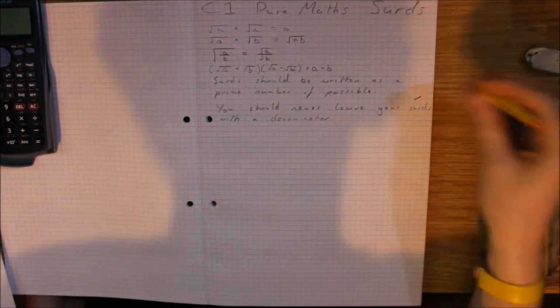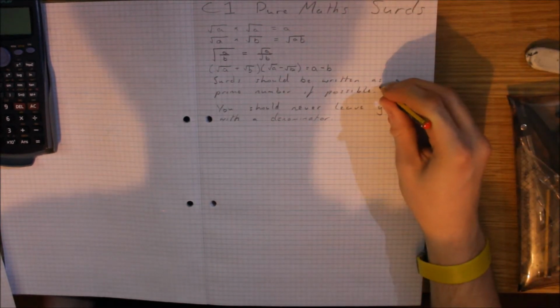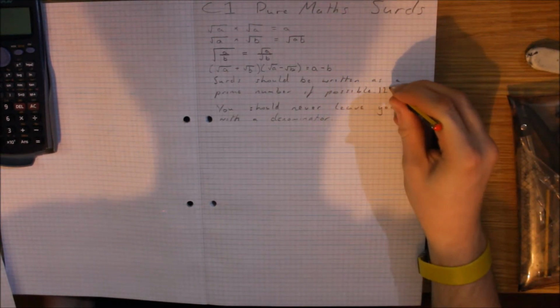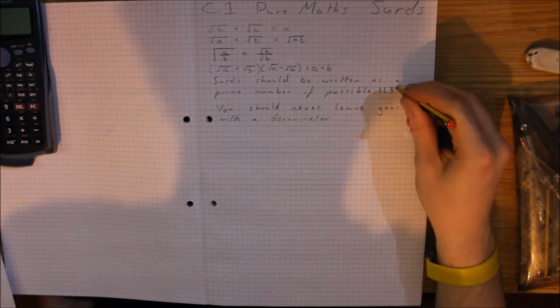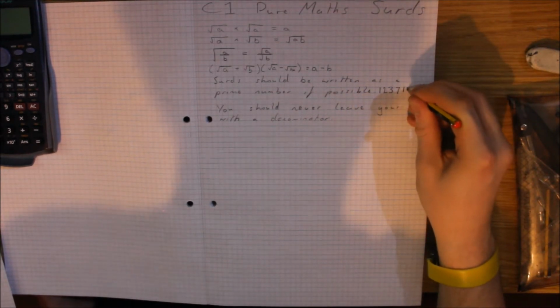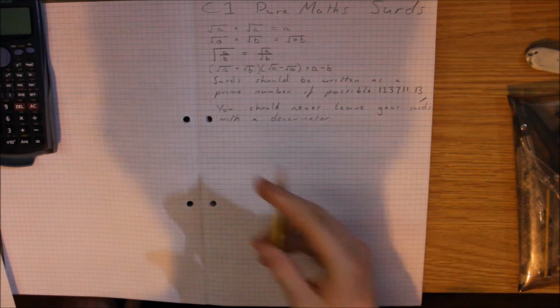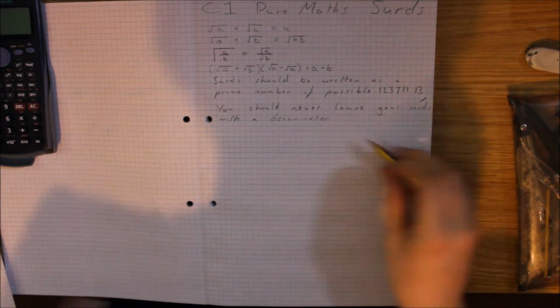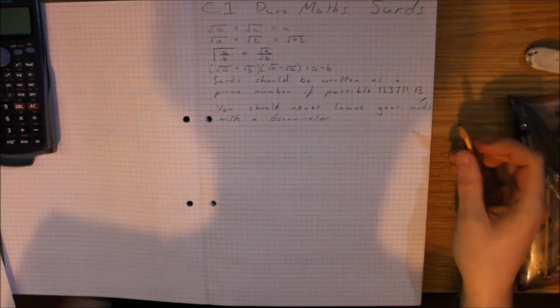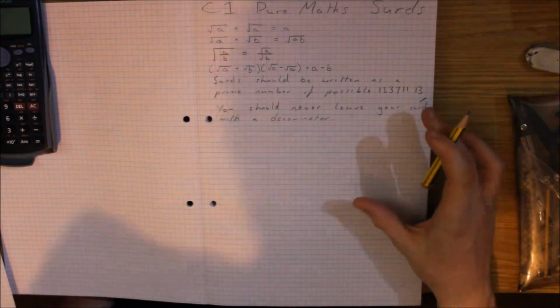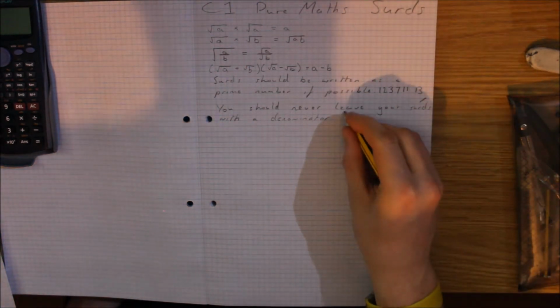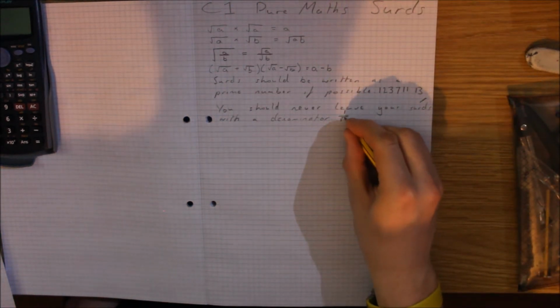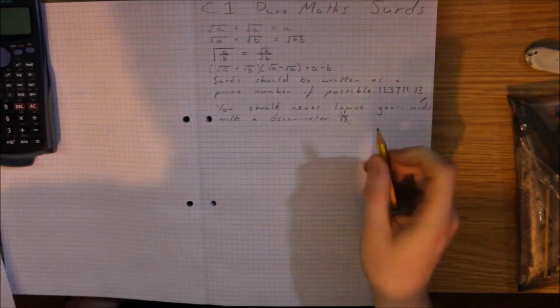A few prime numbers are 1, 2, 3, 7, 11, 13. And you should never leave your surds with a denominator. So surds should never be 1 over root 3, for example. Do not leave it like that.